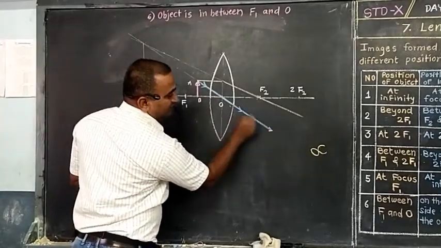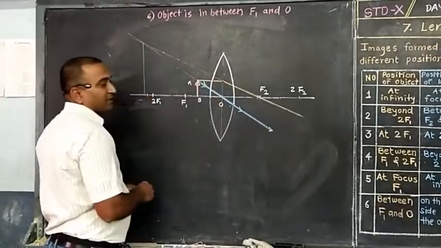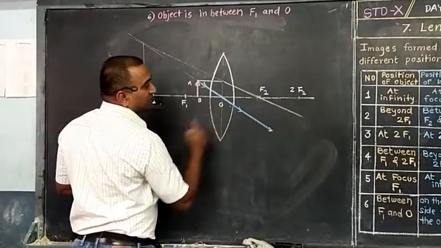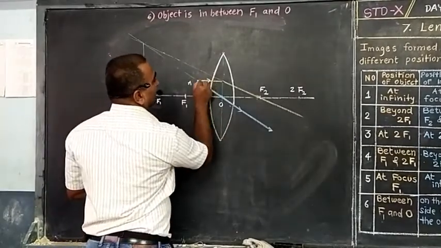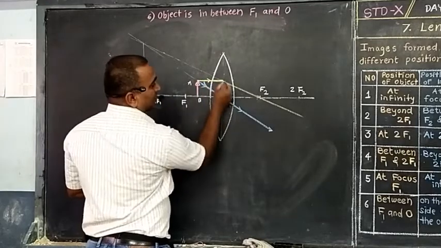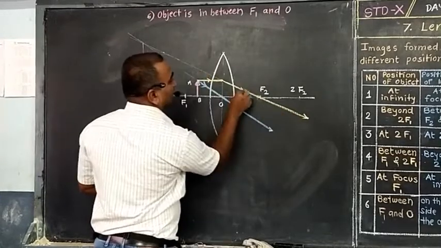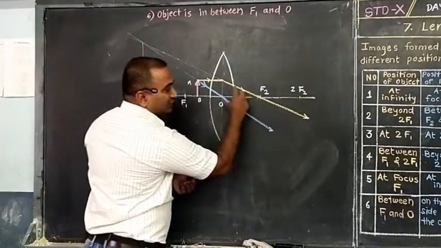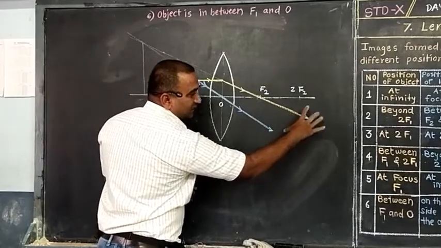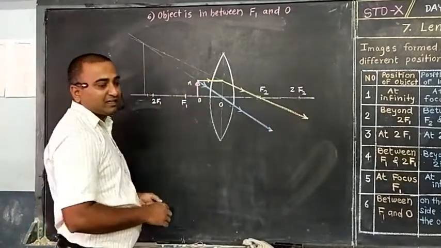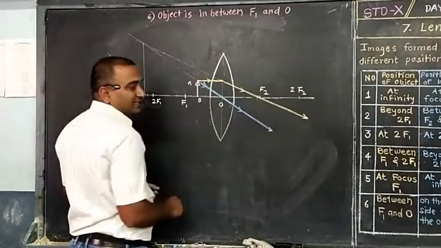So it will pass like this from the optical center. The other ray is parallel to the principal axis, but after refraction definitely it will pass through the focus. But as you go further, these rays are expanding or diverging from each other. That means definitely they will not meet on this right side.